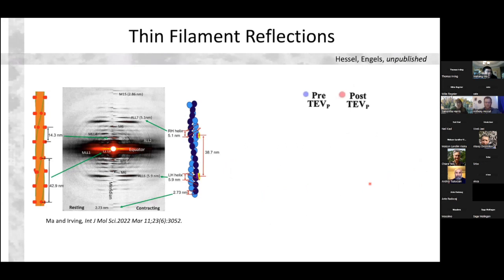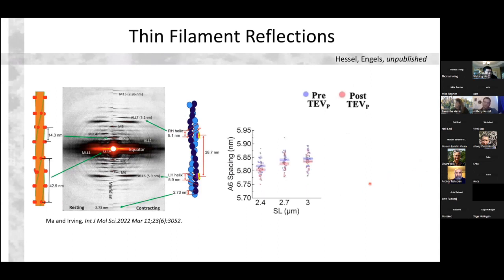Okay, so now this is the part that for me actually was the most exciting. So we also took a look at thin filament reflections, in particular the actin layer lines 6 and 7 here. So what we found here is instead of an expansion, we actually got a reduction in A6 spacing consistently across the 2,4 and 2,7.